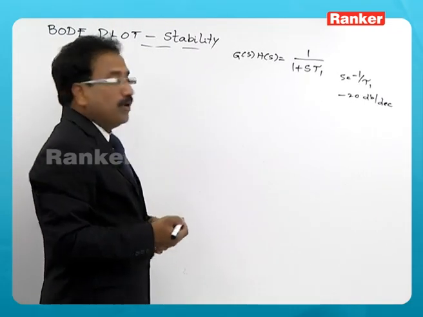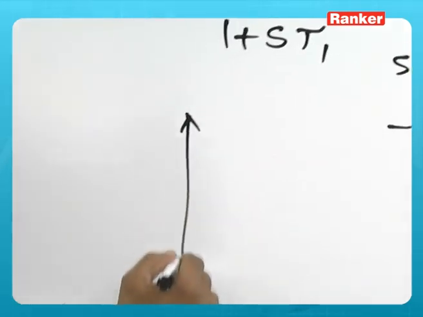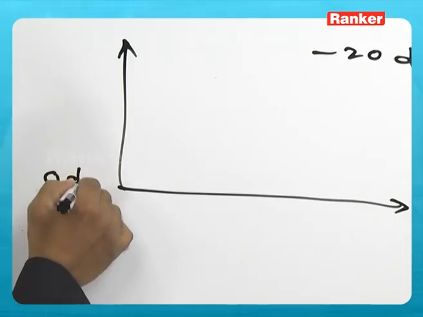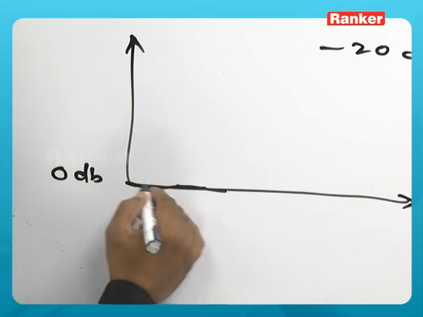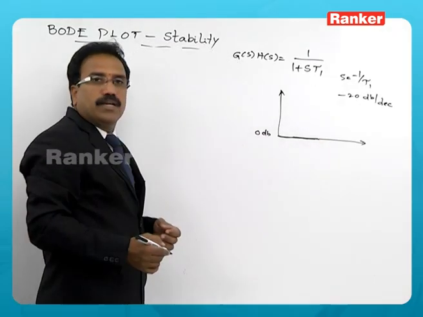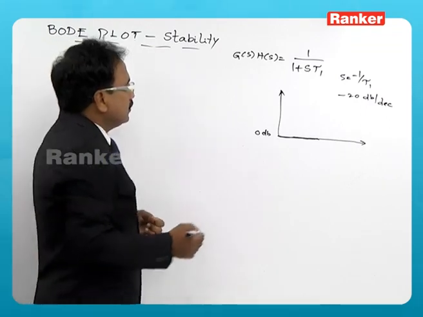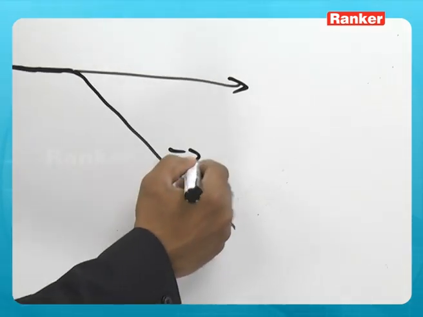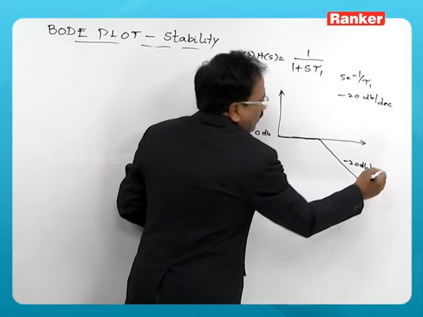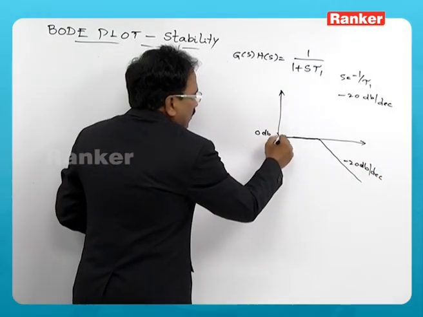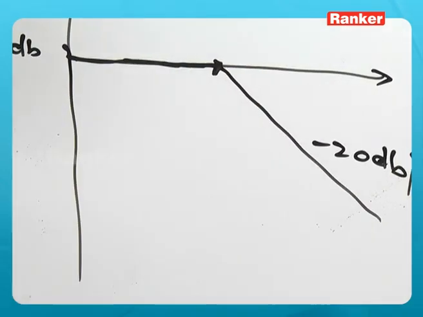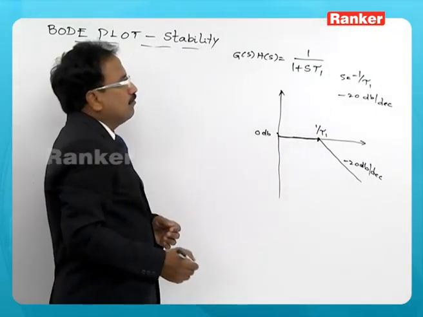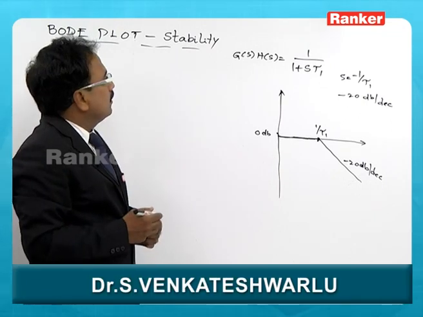But the magnitude plot for this function will be a 0 dB line for the low frequency range, and the slope of minus 20 dB per decade begins at the point known as the corner frequency, 1 by tau 1 for this particular function.